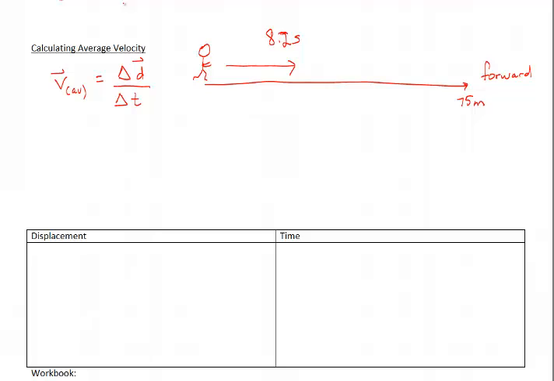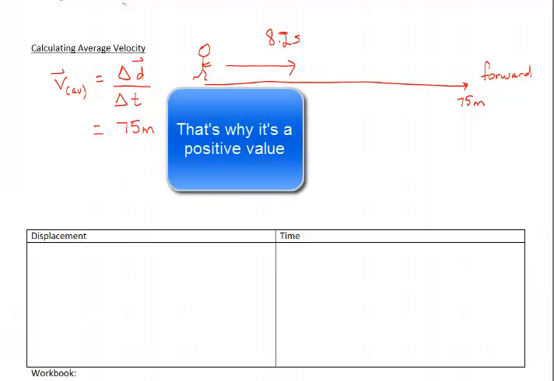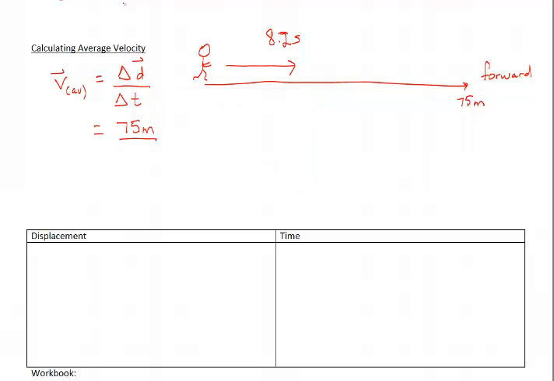So we look back at our formula and we say, okay, the average velocity, because maybe sometimes they're running faster, sometimes they're running slower. The main thing we know is that it took them 8.2 seconds to travel 75 meters. So we put that into the formula, and the change in displacement is 75 meters forward divided by the change in time, which was 8.2 seconds, the time it took that person to travel that distance.